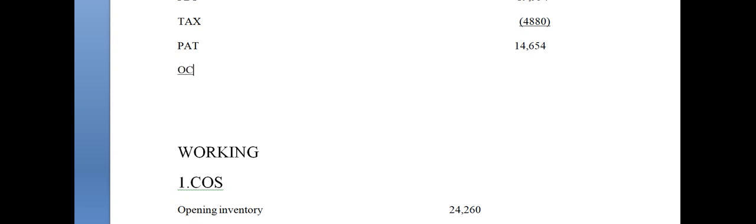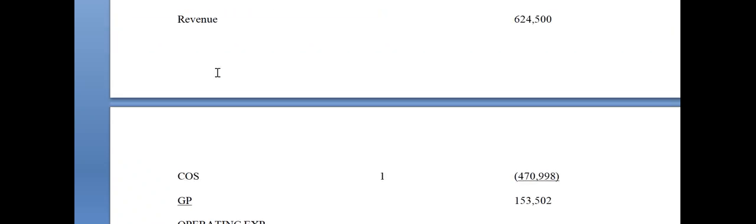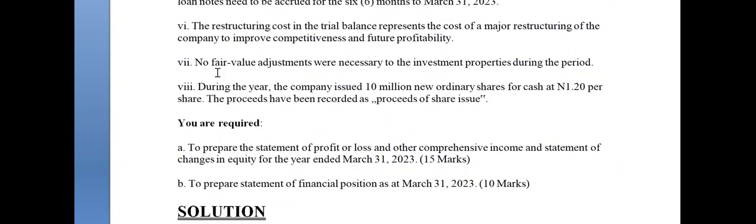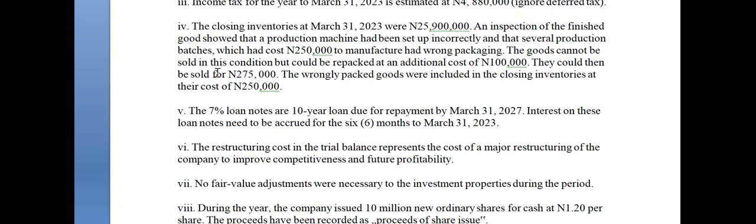So now let's determine our other comprehensive income. I saw something like that. That was why I told you, once you begin to see in your additional information that there is a revaluation, just know that there is going to be an OCI. On March 31st, 2023, the land was revalued to 120,000. Remember, we were told in the trial balance that the land is 100,000.